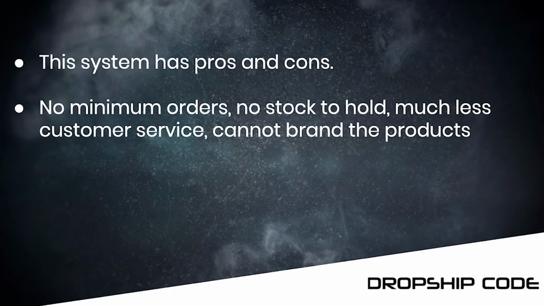You would have to order, let's say, 20 units or 50 units or 100 units. Then you've got to hold that stock somewhere. In my case, when I first started, it was in my garage at home. And then you ship that product out to the customer, which means you've got to take that product to the post office or get FedEx to come to your house to collect or whatever it is, and you have to handle everything.